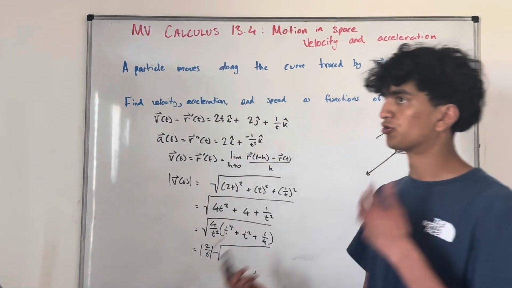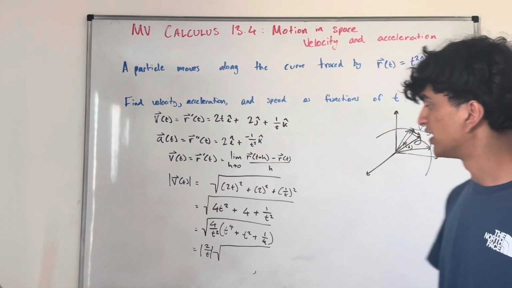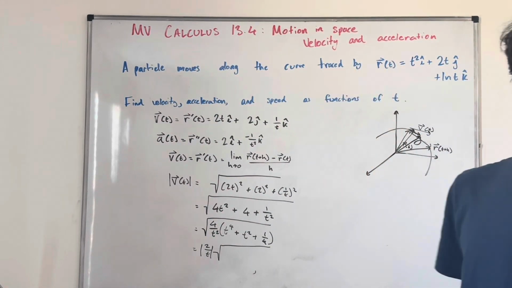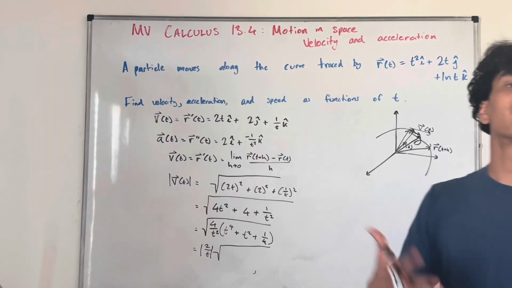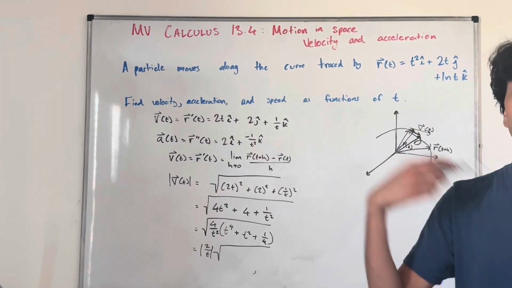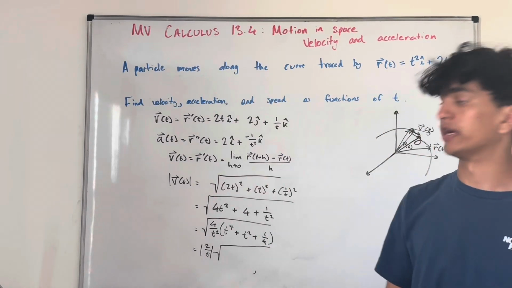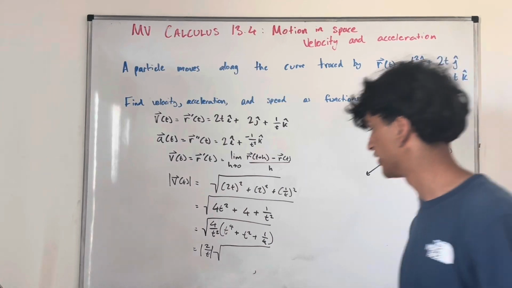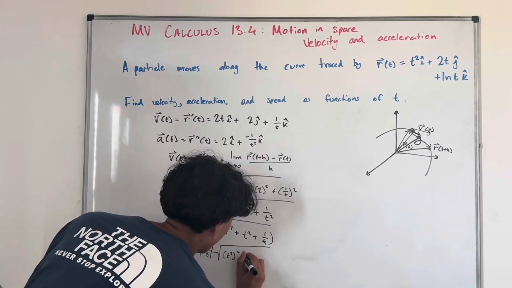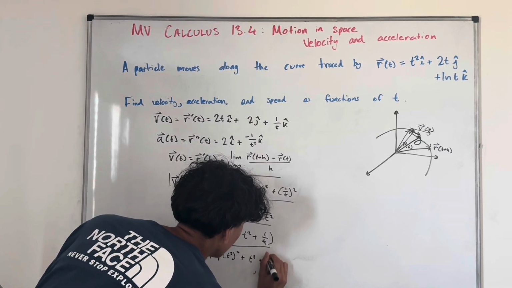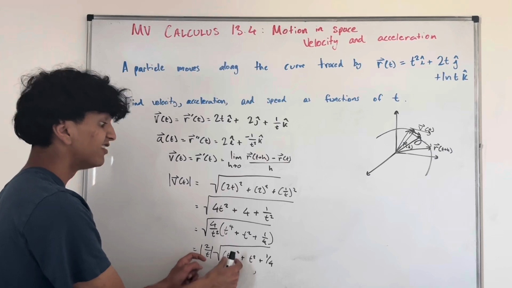Instead of a traditional binomial like x squared plus 2x plus 1, instead of x, it's t squared. So you have t squared squared, right? You have t squared squared plus t squared plus 1/4. So I can express this as a binomial because of the t squared term.